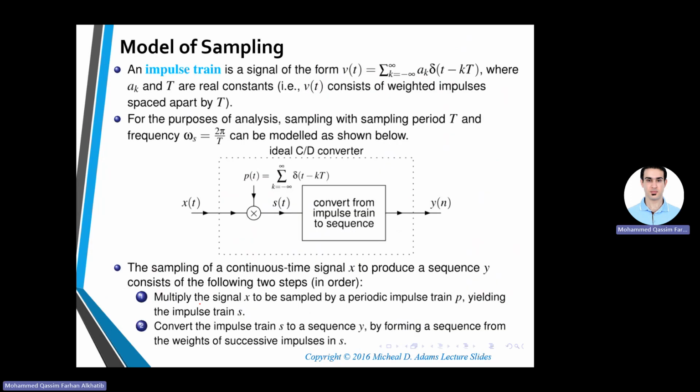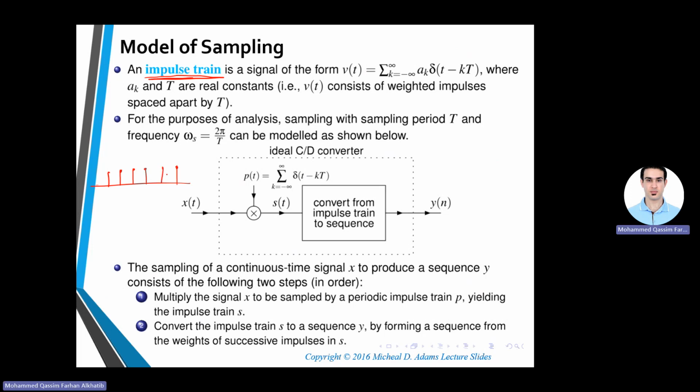Okay, so how do we perform sampling? Usually sampling is performed by what we call an impulse train. We'll talk about the impulse in a few minutes. So basically you have your signal, you multiply it with an impulse train. An impulse train is basically just a train of impulses.